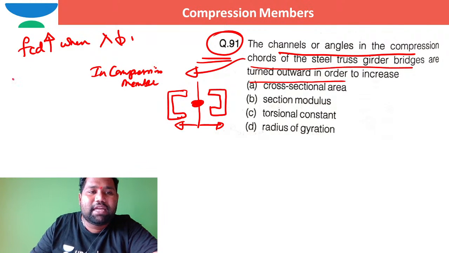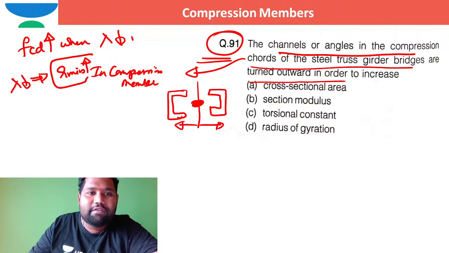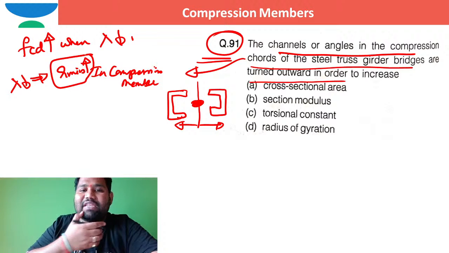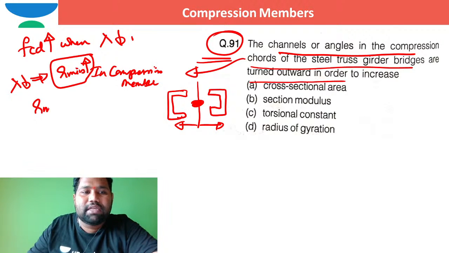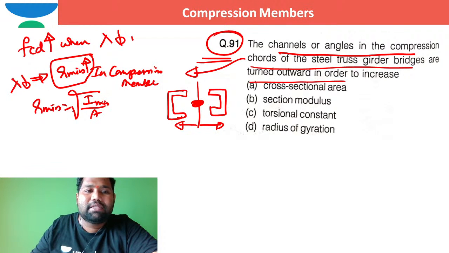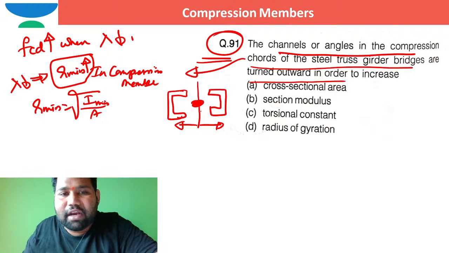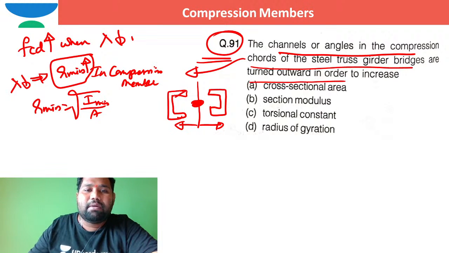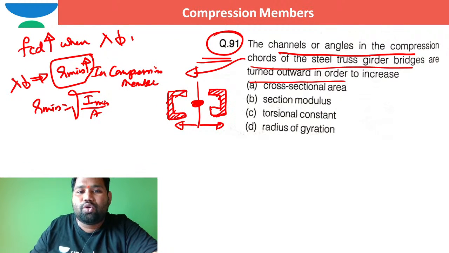When lambda is decreased, indirectly r minimum, the minimum radius of gyration, is increased. r minimum is the square root of I minimum by A. So r minimum increases when the minimum moment of inertia of the cross section increases. The minimum moment of inertia will increase when the area is thrown away from the CG of the cross section.